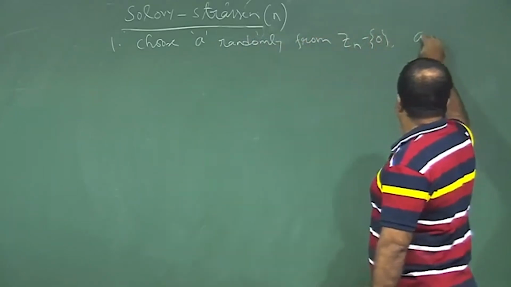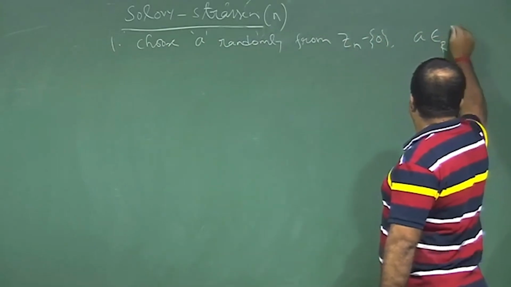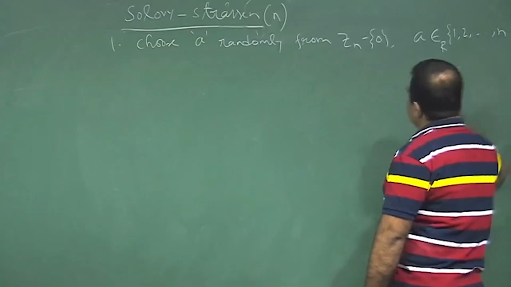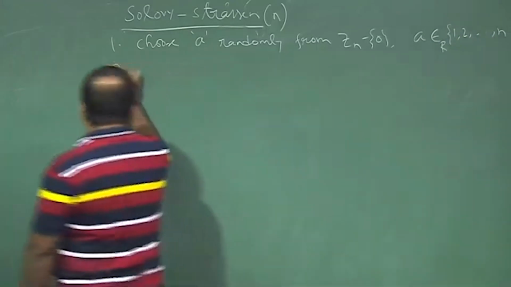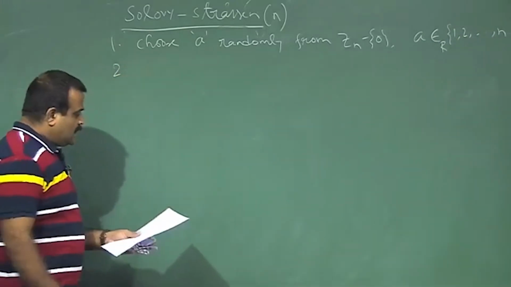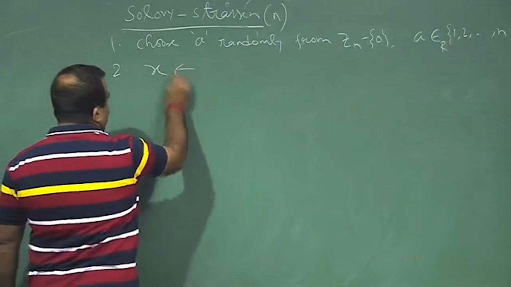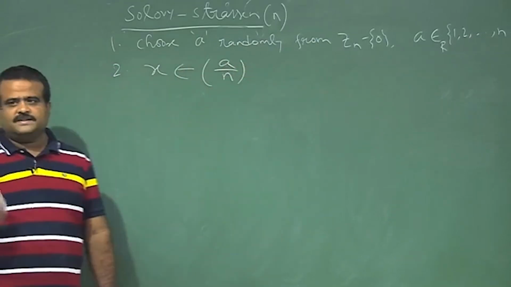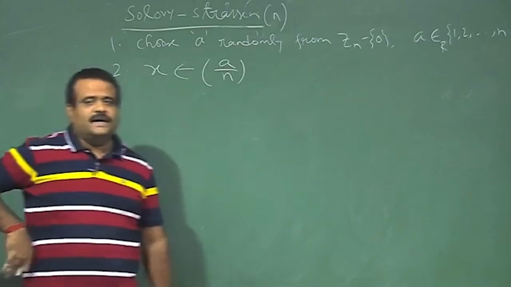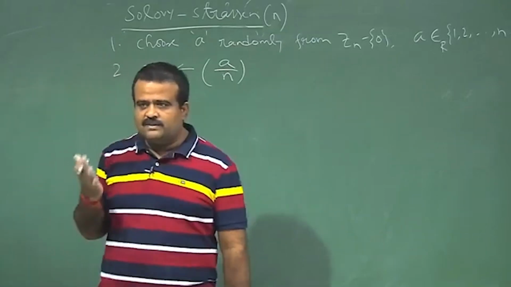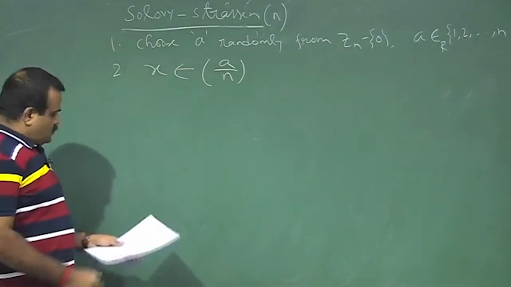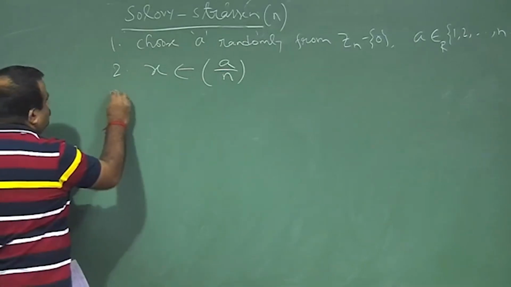So, a we are choosing randomly from 1 up to n minus 1; we are not taking 0. Now, we calculate this Jacobi symbol. So far we should say this is a Jacobi symbol, as we do not know whether n is prime or not. If n is prime, then we call this a Legendre symbol, but we do not know yet. So, we calculate this.